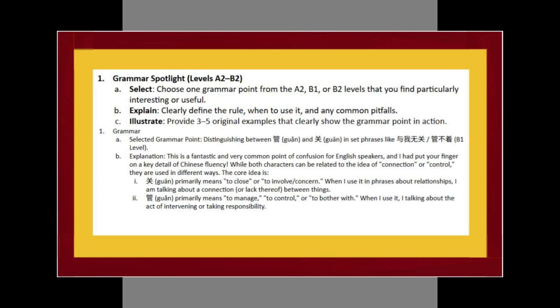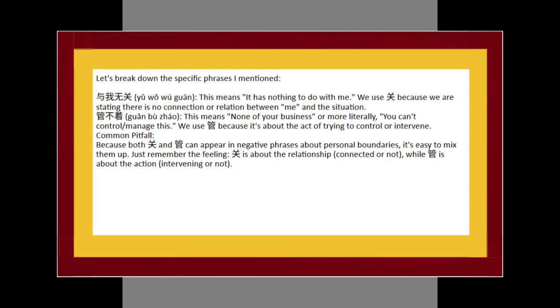管 primarily means to manage, to control, or to bother with. When I use it, I'm talking about the act of intervening or taking responsibility. Let's break down the specific phrases I've mentioned. 与你无关 means it has nothing to do with me.